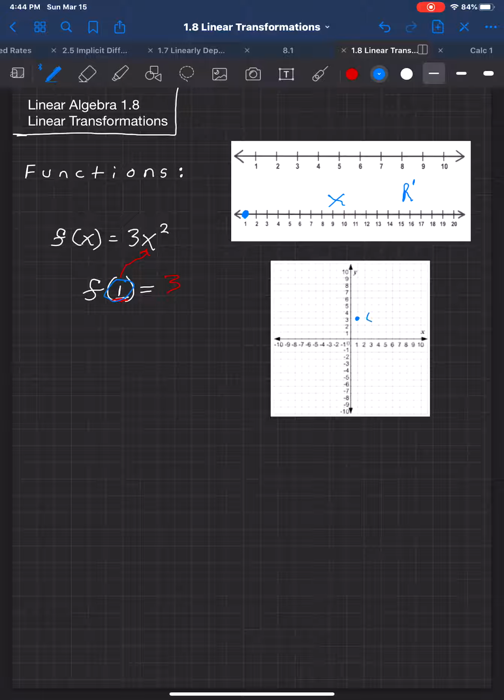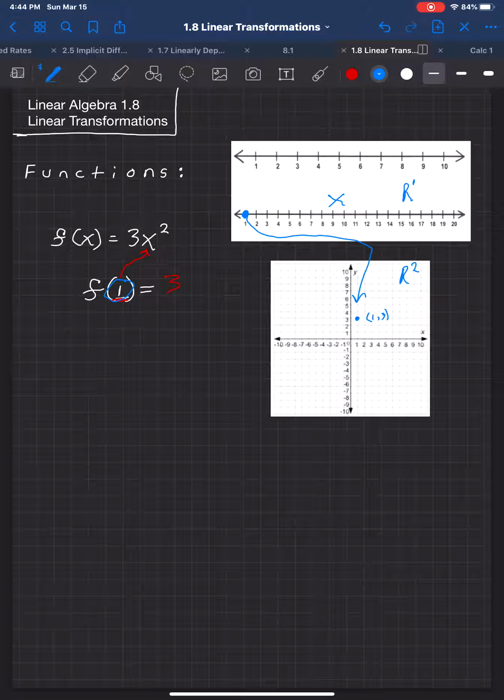So now what I need you to see is that you actually transformed from a number in R1 dimension into an R2 dimension.